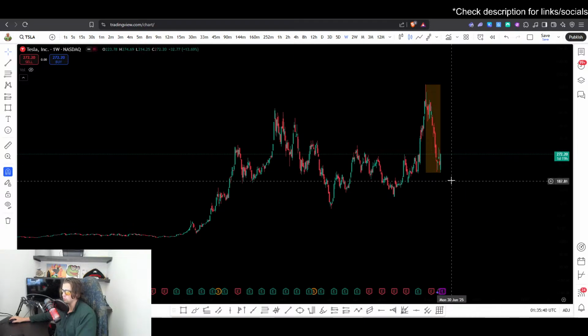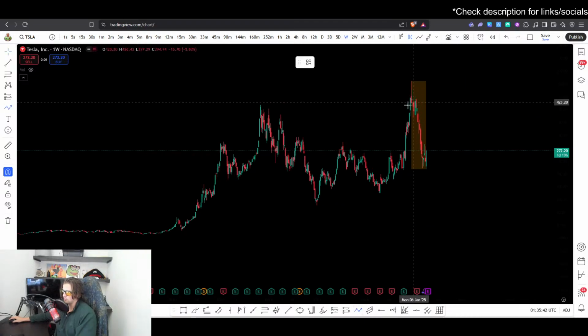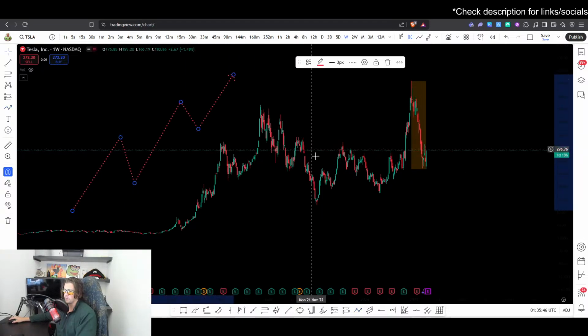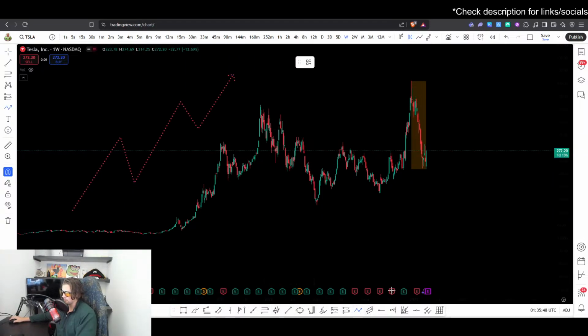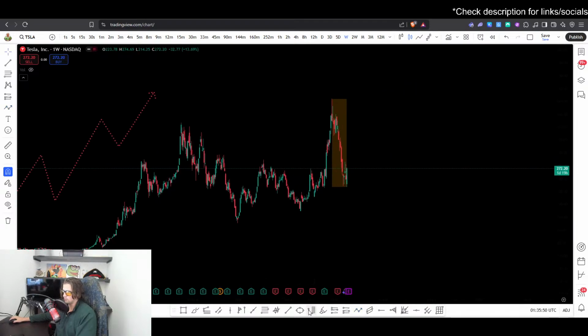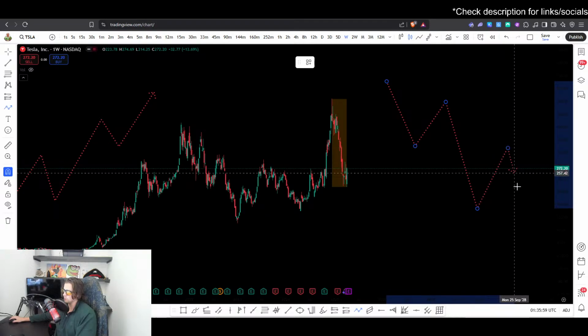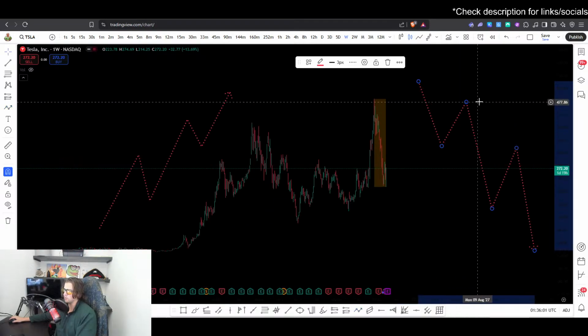It moves in these waves. Now, that doesn't mean it always has to go like this. It can also move the opposite way, right? It can go like this, which would be a bearish trend.